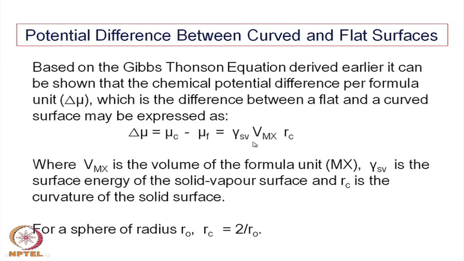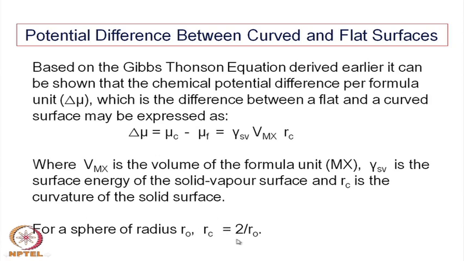Okay. S b is the solid to vapor surface energy, and then V mx and RC. RC is the radius of curvature, not the radius of the sphere, but it is termed as radius of curvature, and there is of course a relationship between the radius of the sphere and that of the RC.